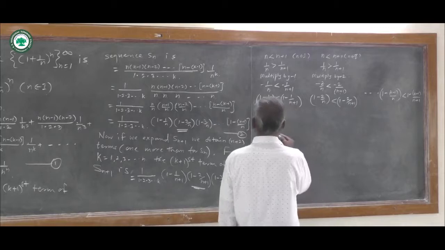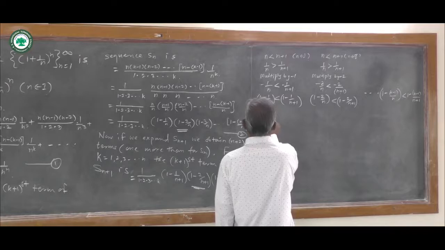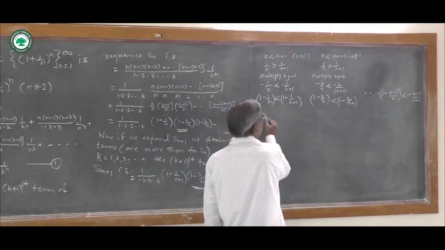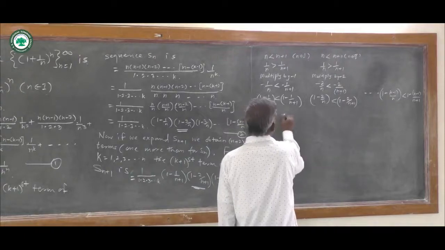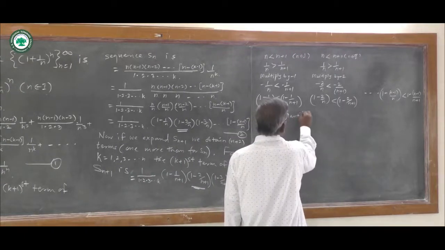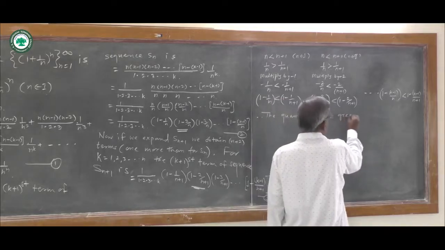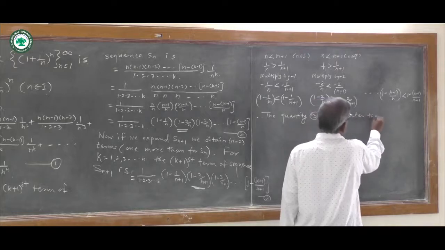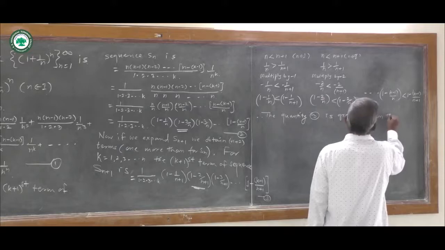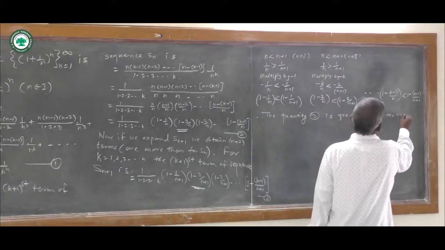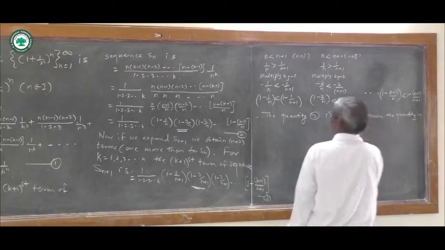Therefore, the quantity in 3 is greater than the quantity in 2.